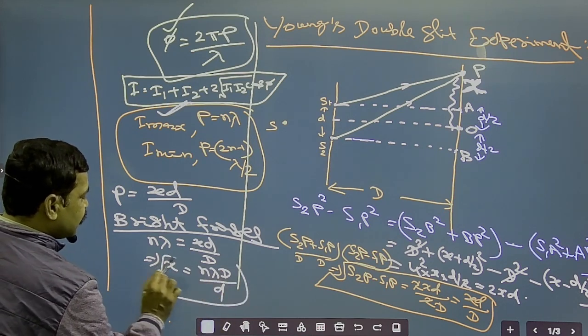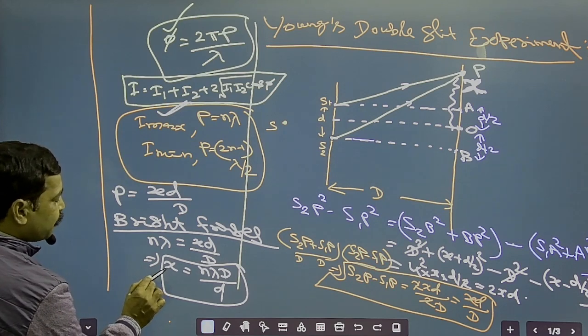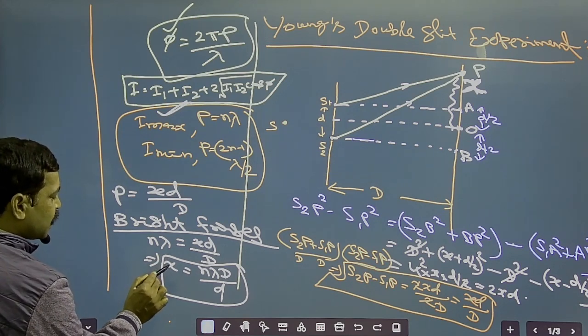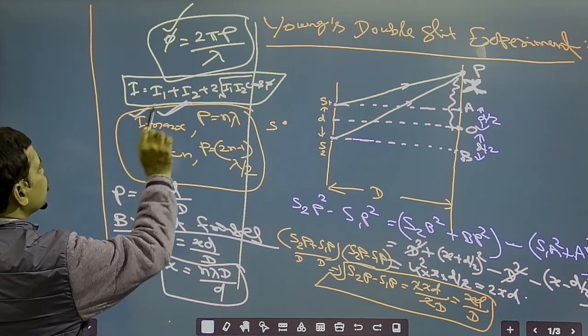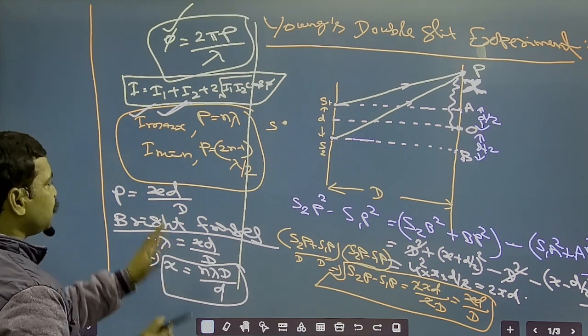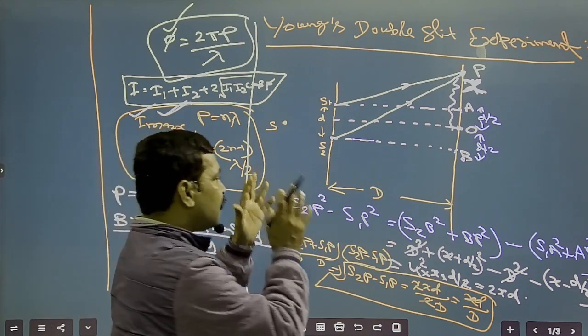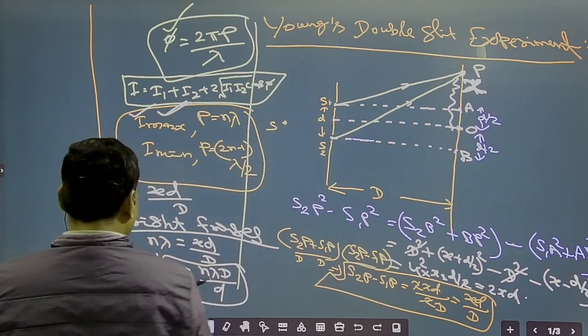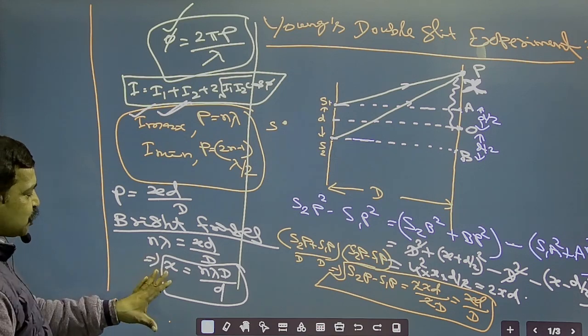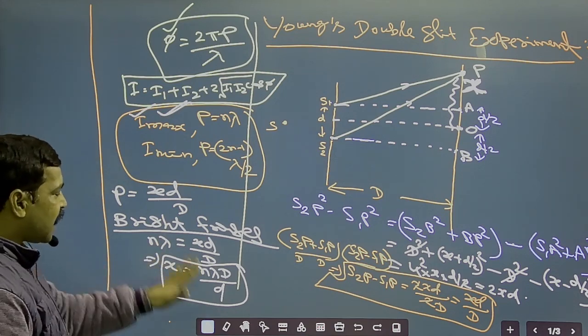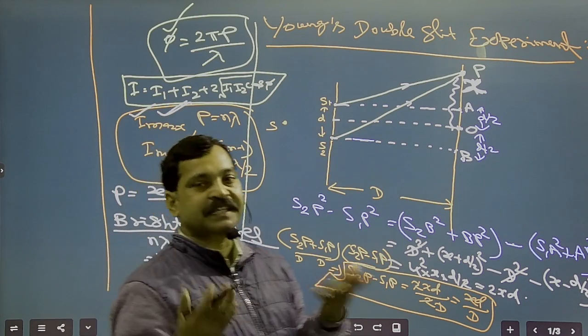So this is the position of the bright fringes from the center of the screen, where the maximum intensity takes place due to the interference of the light waves. I think this is clear to you all. From this derivation we can find the positions of the first, second, third and consecutive fringes.